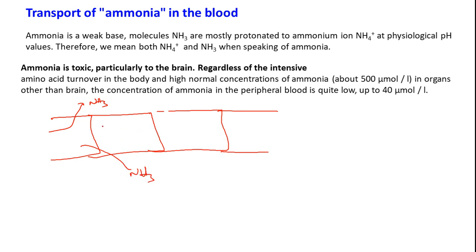Ammonia is a base, so it becomes ammonium ion, and it alters pH. Converting to ammonium ion adds positive charges, so it also alters the ion potential and ion concentration within the cell.